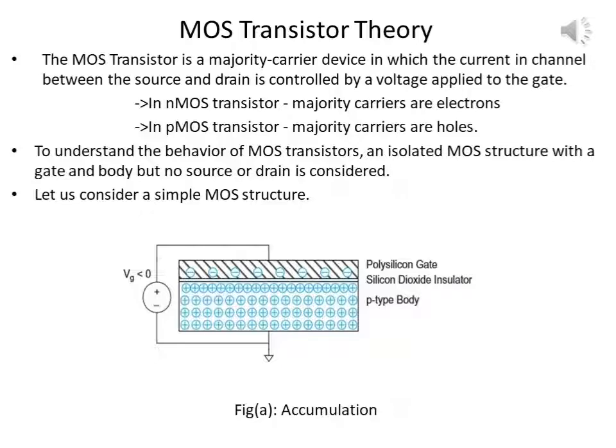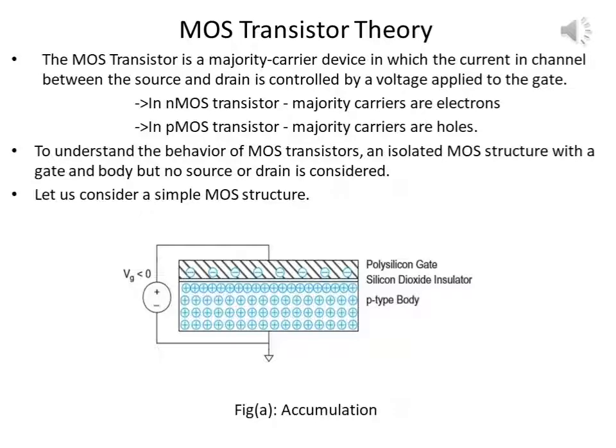To understand the behavior of MOS transistors, we'll consider an isolated MOS structure where we consider only the gate and the body of the transistor. There will be no source, no drain to be considered in this case.